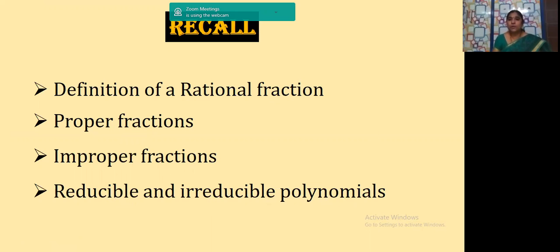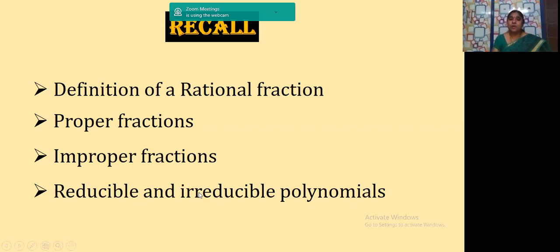If any polynomial f of x is reduced as a product of two other polynomials g of x and h of x, where the degree of each polynomial is less than the degree of the given polynomial f of x, then it is called a reducible polynomial. Otherwise, it is an irreducible polynomial. And we have seen that all linear polynomials are always irreducible.